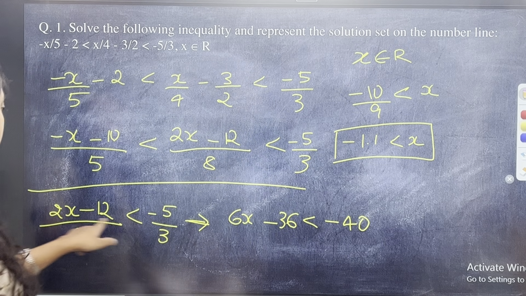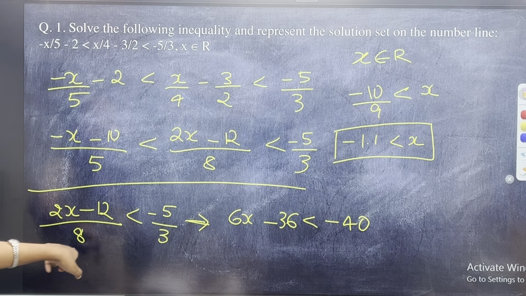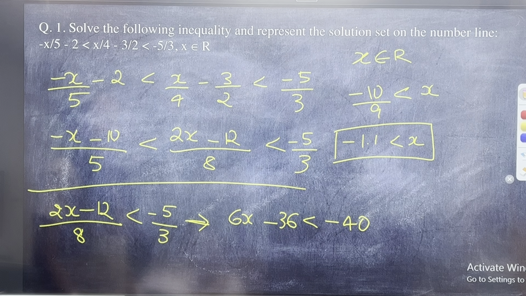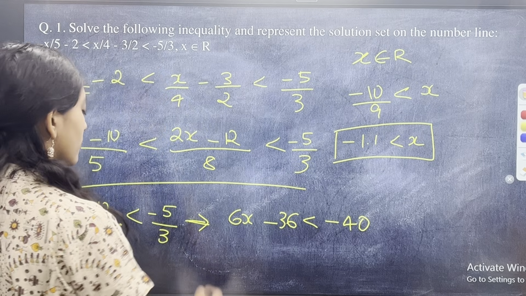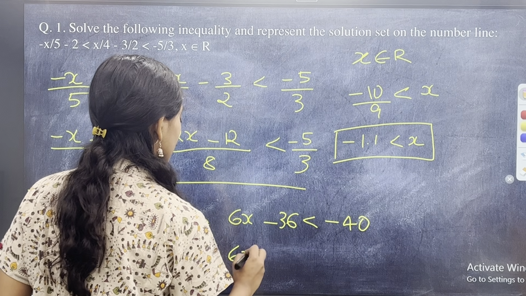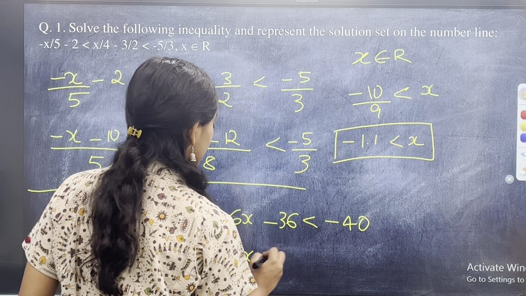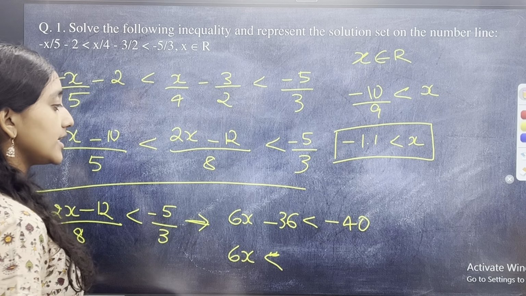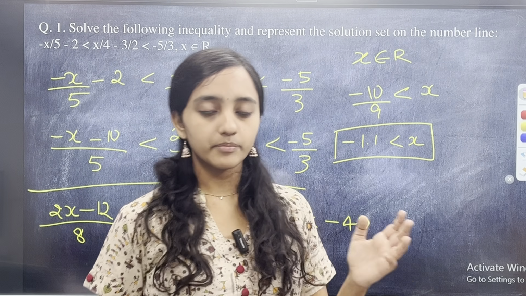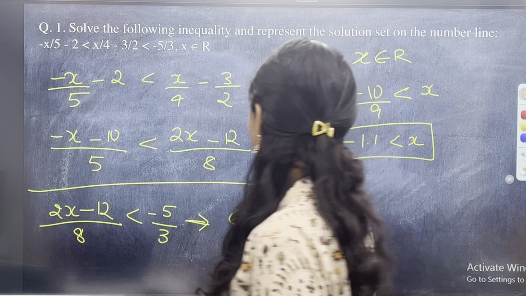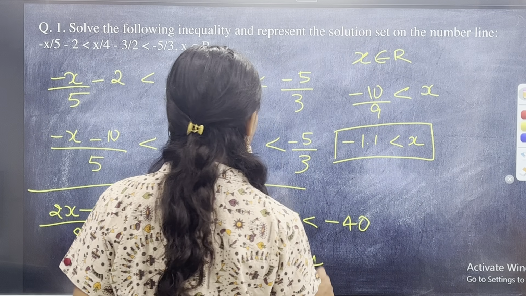Correct? 6x minus 36 is less than minus 40. As I told you, I want my x to generally be positive. So what will I do? I'll keep 6x here. It will be less than minus 40 plus 36. Minus 40 plus 36 is minus 4.